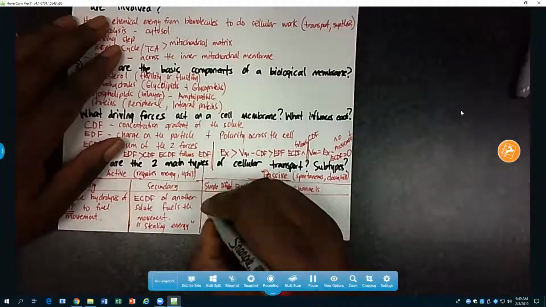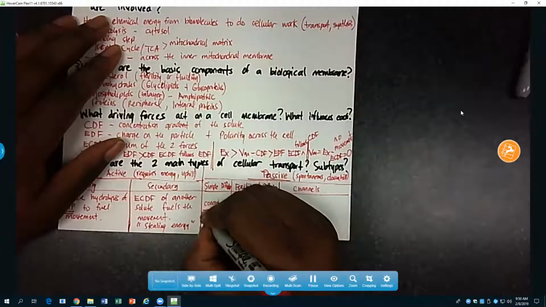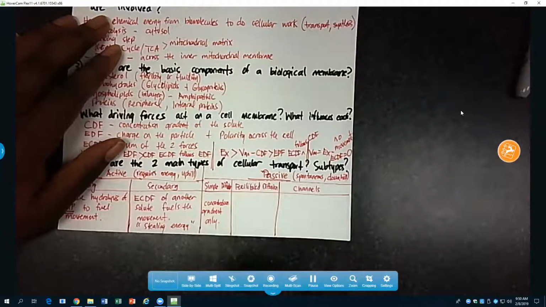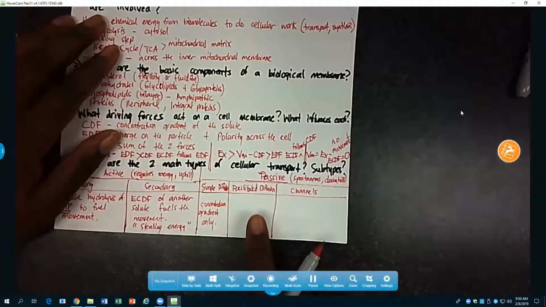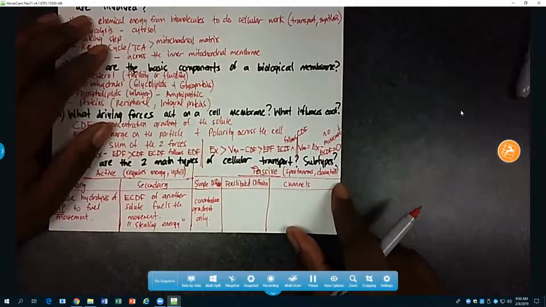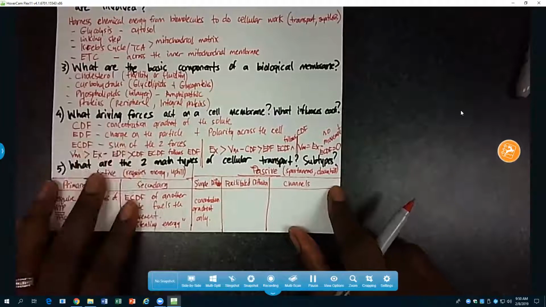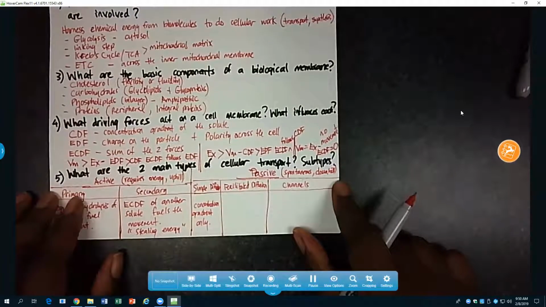Purely on the concentration gradient. So it relied on the concentration gradient only. Okay. What about facilitated diffusion?